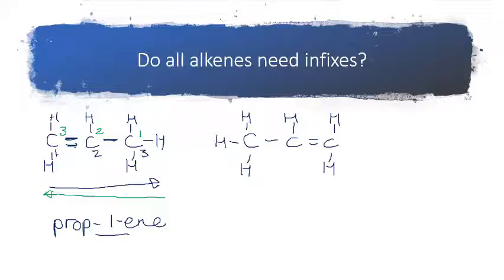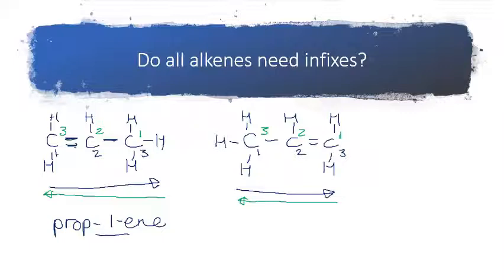Let's look at this other molecule of propene. If I number it from left to right, in blue like I did the last time, that would be carbon 1, carbon 2, and carbon 3. But if I number it the other way, in green, then that would be carbon 1, carbon 2, and carbon 3.